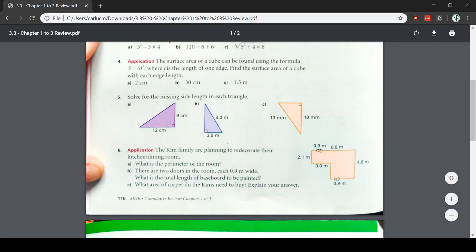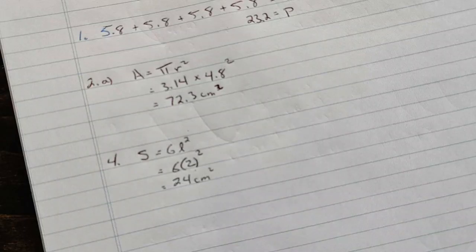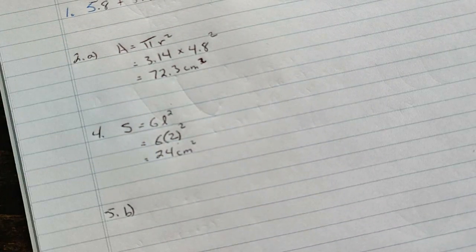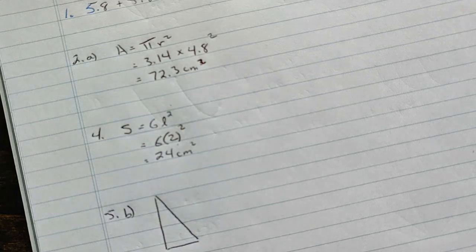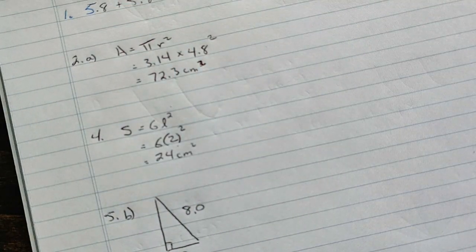So I'll switch back over here. And so this is 5B. And again, we had a triangle, just a quick little sketch of it. So we had a triangle upright like that, right angle, 3.9, 8.0. Those units were meters.